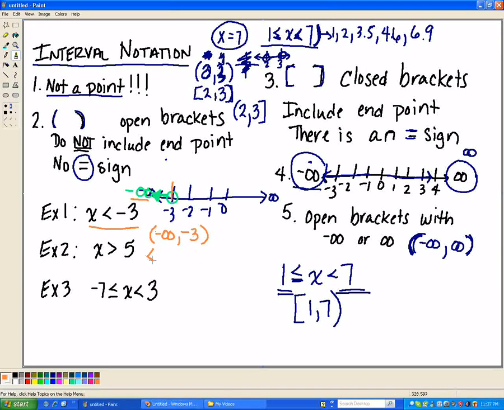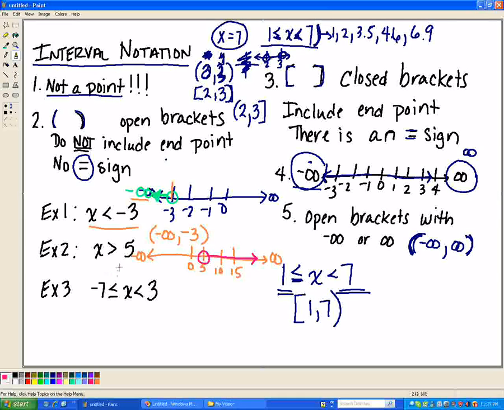Let's try another one. If we say greater than 5, positive infinity is on this end, negative infinity on this end. Let's do 0, 5, 10, 15. It's greater than 5, so it's going to start at 5 and go off forever in this direction.